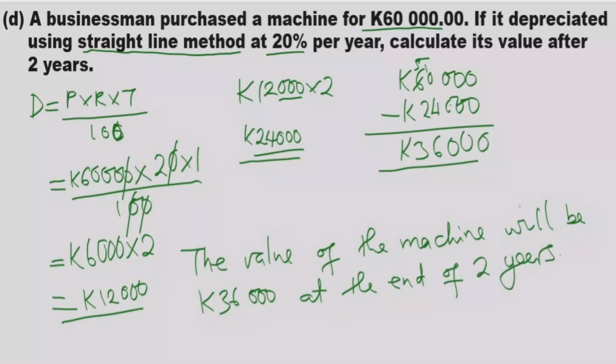Okay, so this sentence can also be, the value of the machine was 36,000 kwacha at the end of 2 years. So what is important is the calculation. So the value of the machine will be 36,000 kwacha if it depreciated at 20% per year.